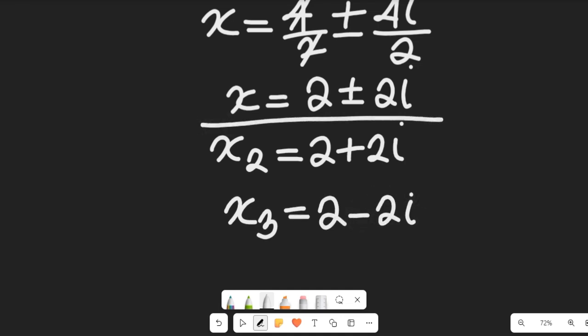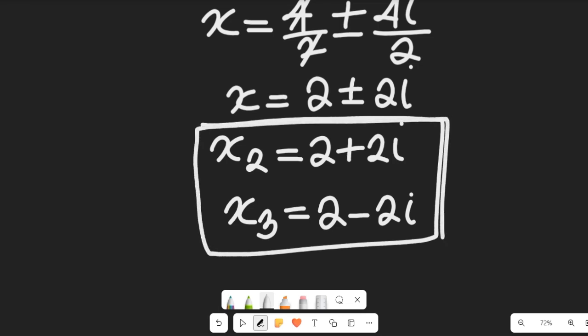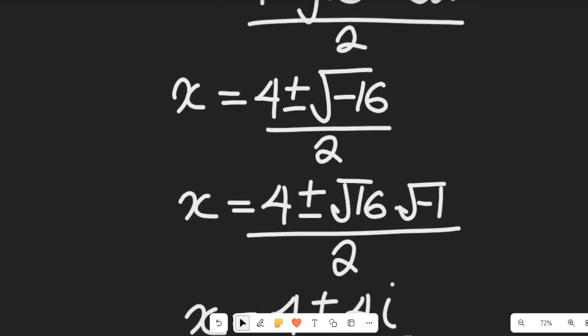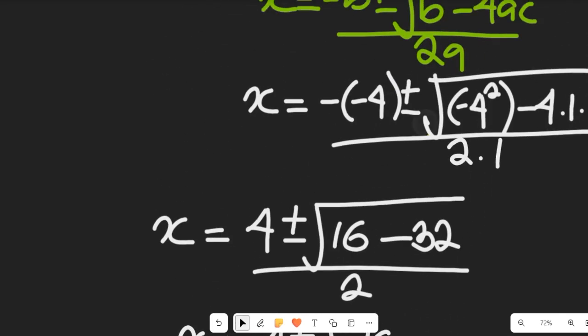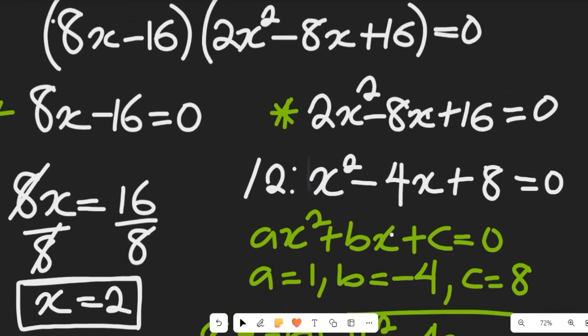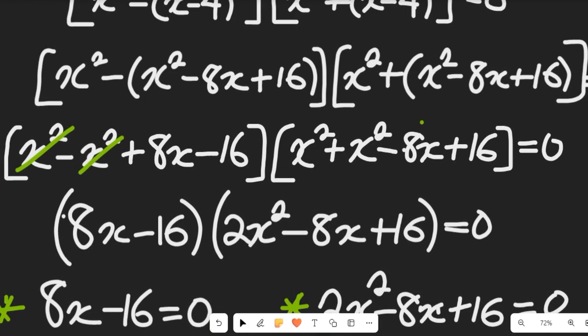And these are the other two solutions to the expression given to us. These two are imaginary or complex root solutions, while the only real solution is x equal to 2, which is x1.